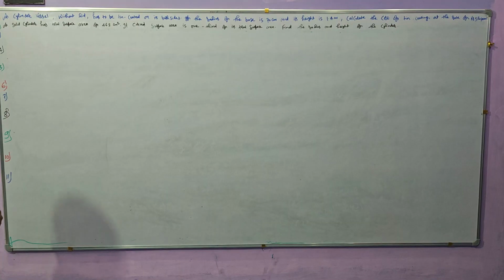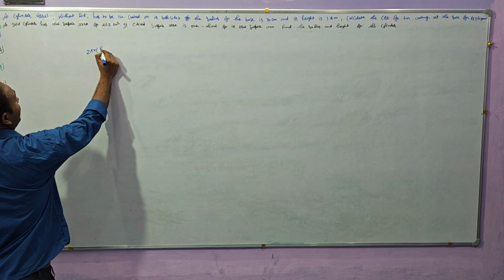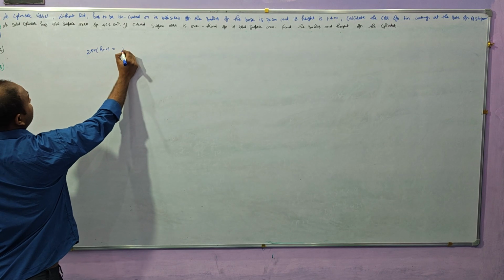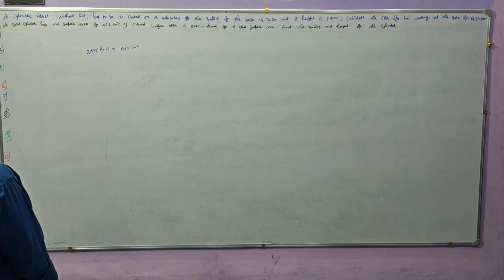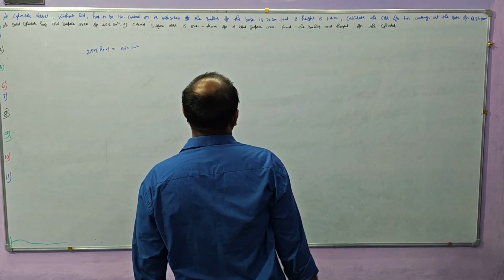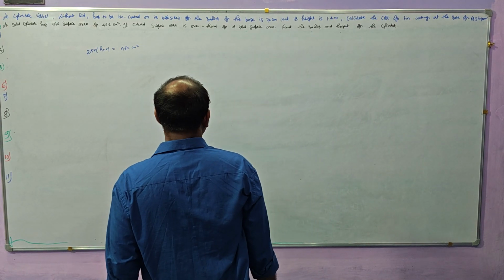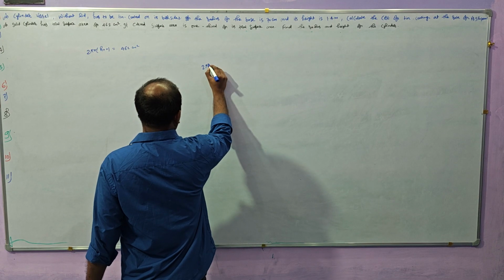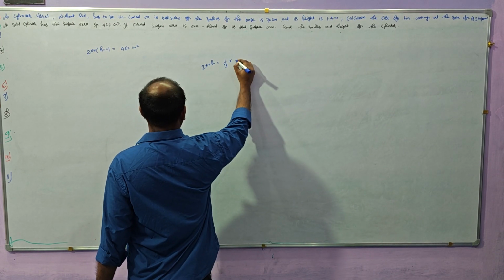We have a total surface area that is 2 pi r into (h plus r), that is 462 centimeter square, and we have a curved surface area 2 pi rh is 1/3 of total surface area.